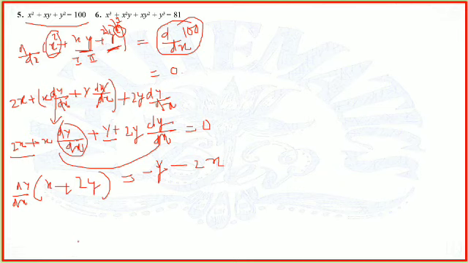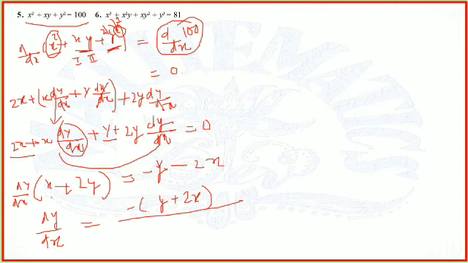Then dividing both sides by x plus 2y, dy upon dx is equal to minus common, y plus 2x upon x plus 2y. So that's it. That is the differentiation of question number 5.